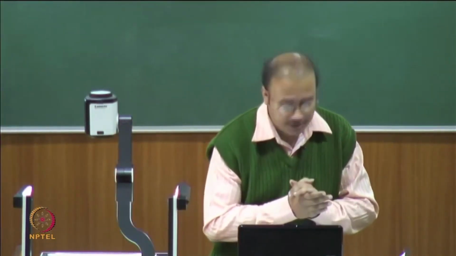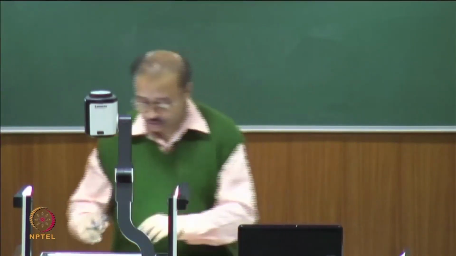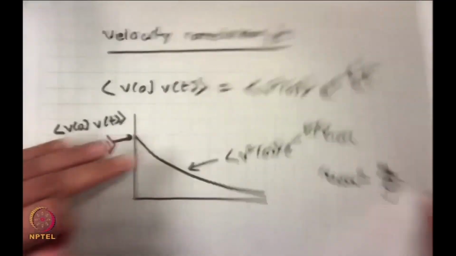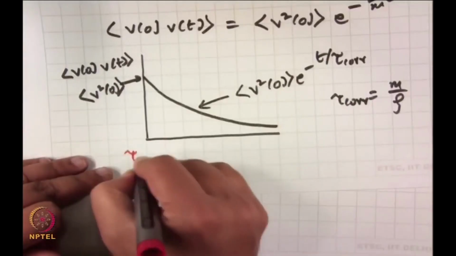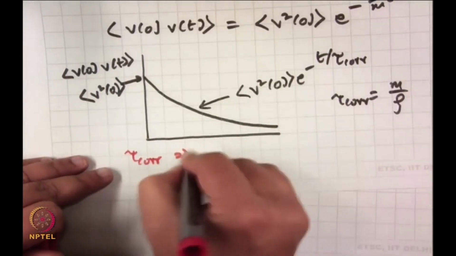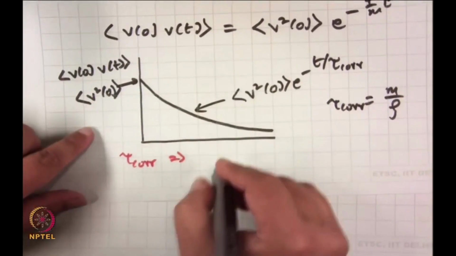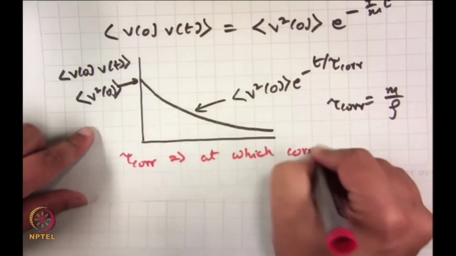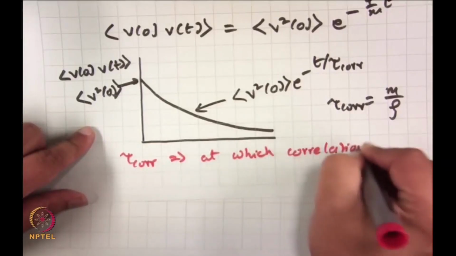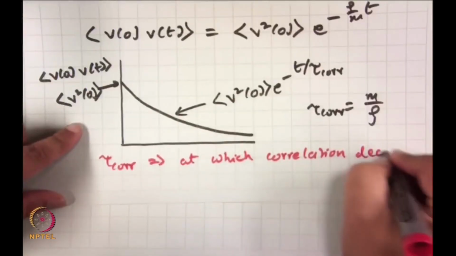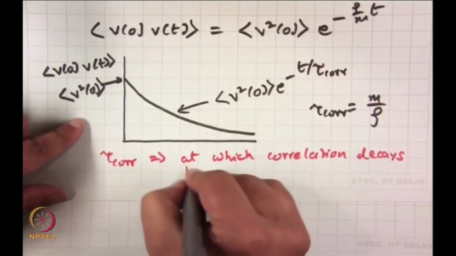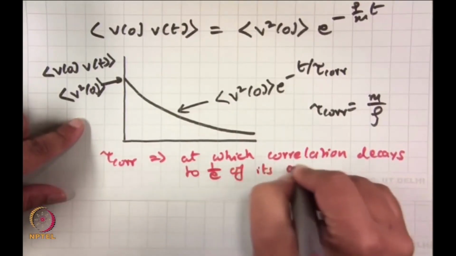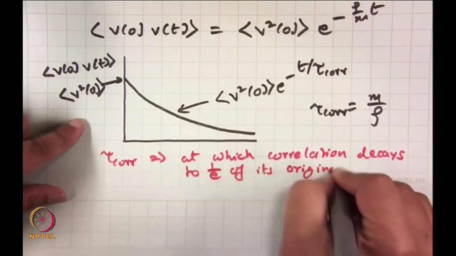So what does tau correlation say? If this is tau correlation, it will tell you the time at which the correlation decays to 1 by e of its original value.